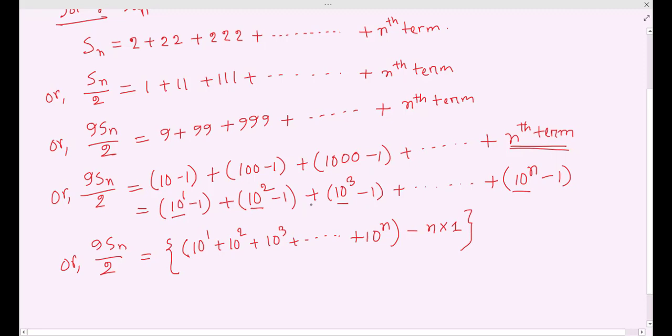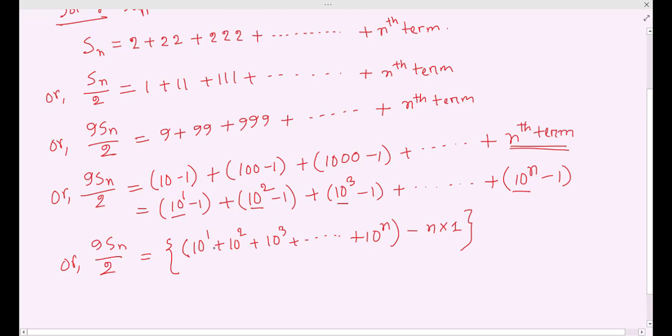If there are 4 terms, we will get 4 ones. If there are 5 terms, we will get 5 ones. Here there are n terms, so we will get n number of ones, therefore n into 1.